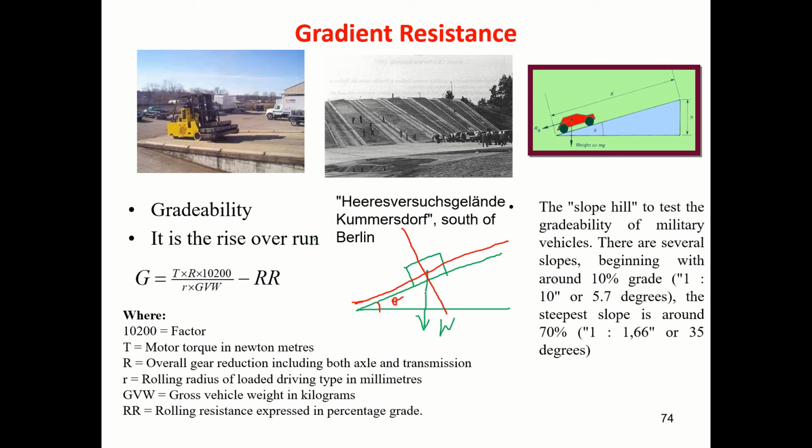So this angle is also theta. So this is W, this should become W cos theta. And this should become W sin theta. If your vehicle is moving in this direction, W sin theta force will be opposite this. That is what I call gradient resistance.